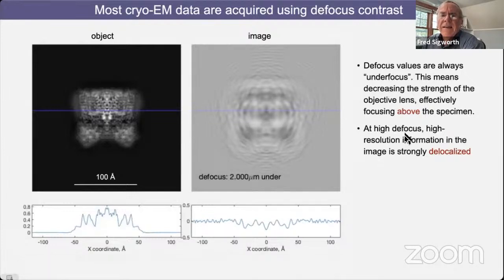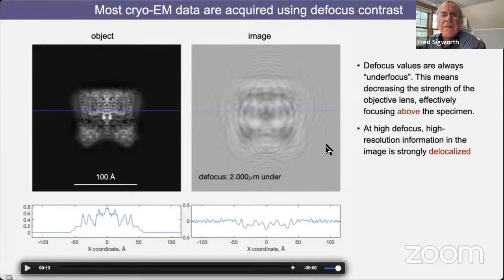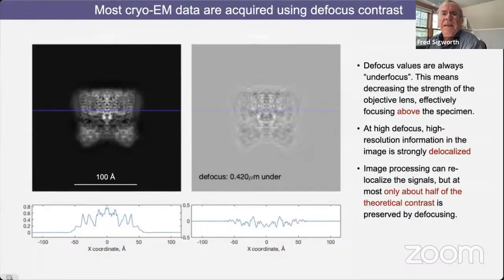At high defocus, the high resolution information is strongly delocalized. But at high defocus, the low resolution information comes through much more strongly, and it's easier to, say, pick particles when you have lots of signal from using a high defocus.